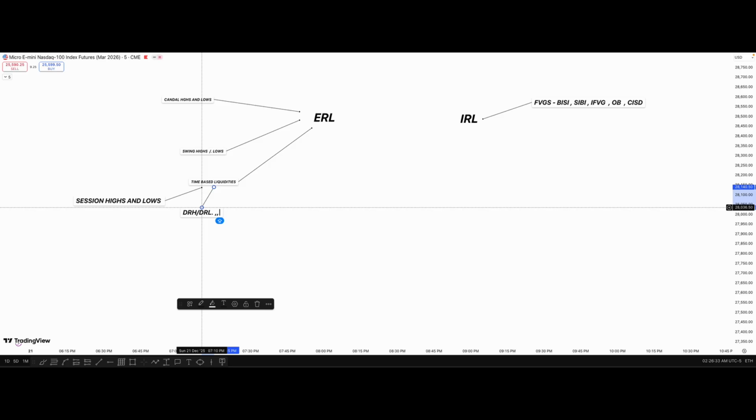Any time frame's lows and highs, right? Suppose weekly range high, weekly range low, all of those things. Everything is the same thing, okay?